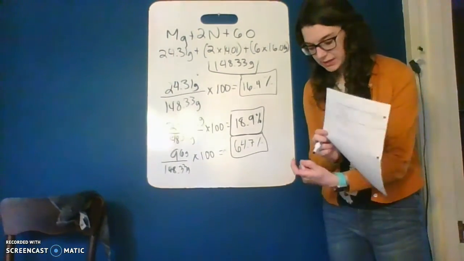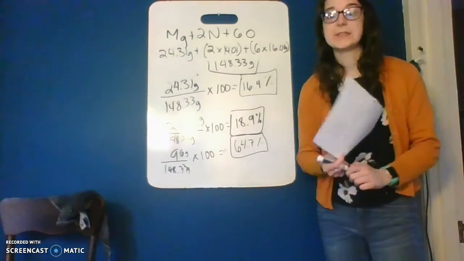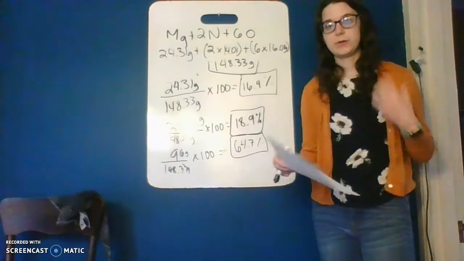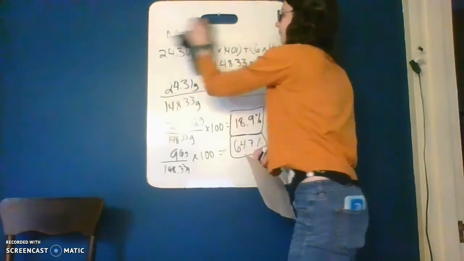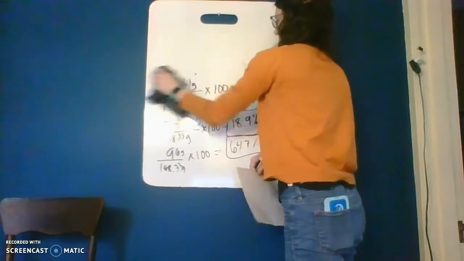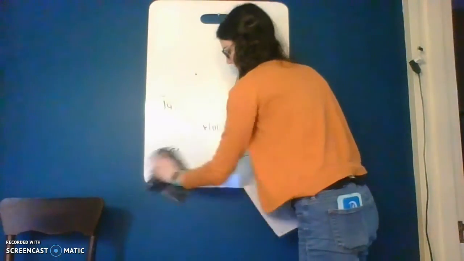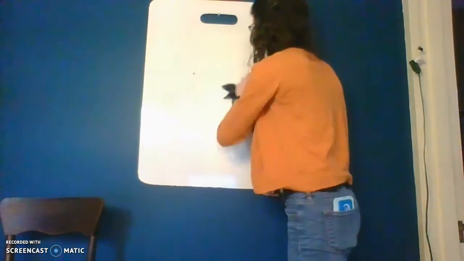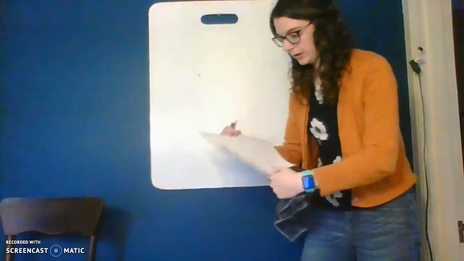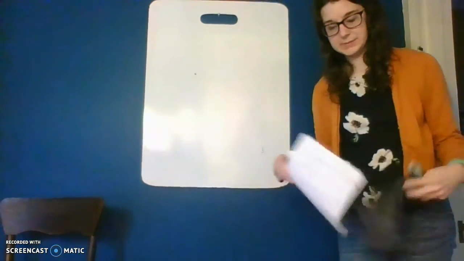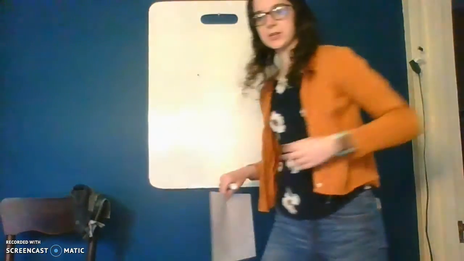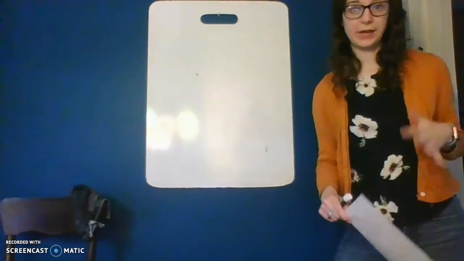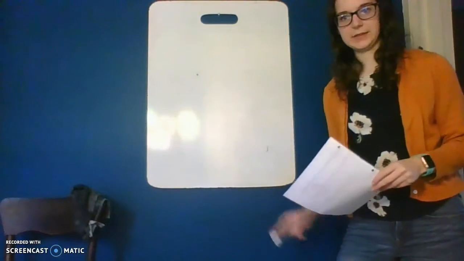The next one I want to talk about is number 4. I'm not going to do this entire problem with you, but I will do the first part of finding the molar mass. Number 4 deals with what we call a hydrate, specifically a hydrated salt. I did talk about this a little bit in the notes section, but we haven't done much with them yet, so this is just a little introduction.